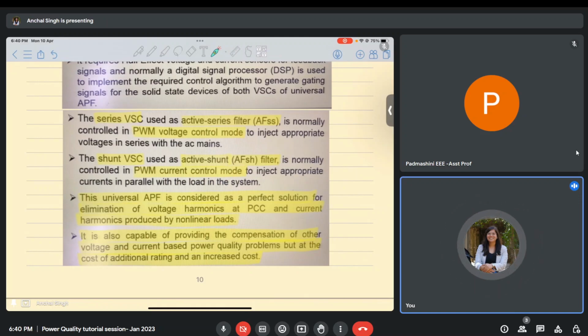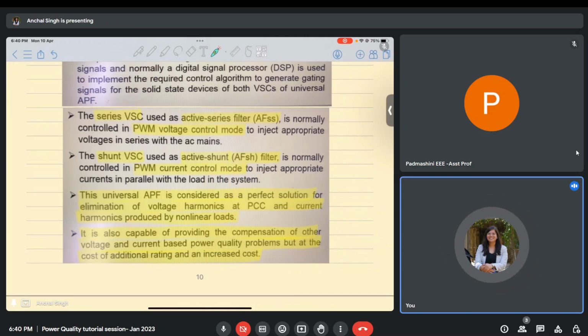If the problem is being solved by using just a pin, why use a sword there? This is like a sword. And if the problem is very small, or it's just a single power quality problem, we just try to solve it using a fixed kind of compensation instead of putting this sword, the hybrid power filter or universal power filter, over there. So depending on the application, you have to choose wisely which kind of filter will be more cost effective, will serve the purpose, and is more utilized.